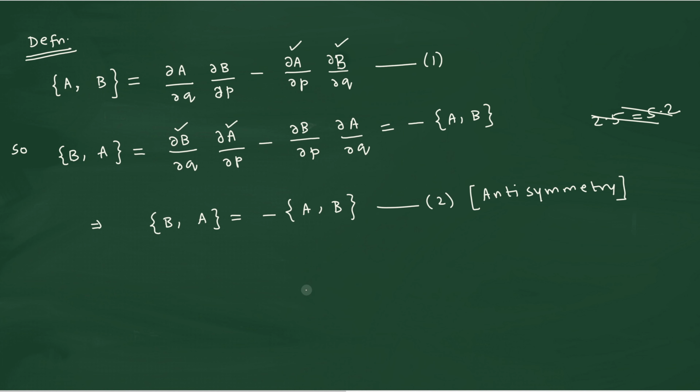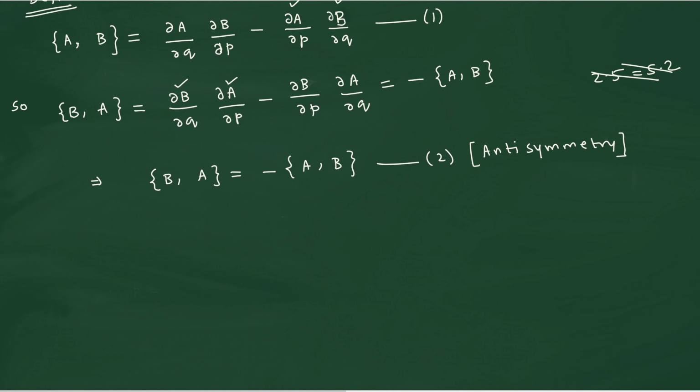These properties are going to be useful to evaluate some more complicated Poisson brackets. Complicated means a Poisson bracket of a Poisson bracket, where you put a Poisson bracket inside another Poisson bracket.